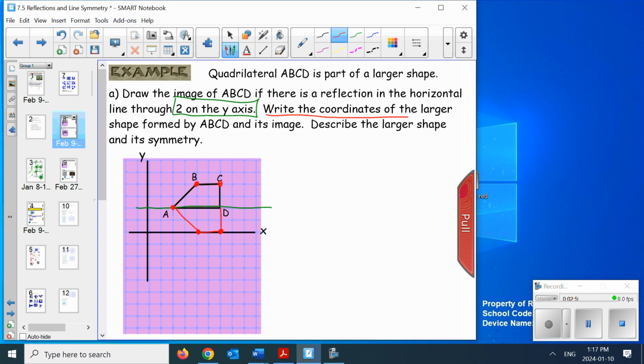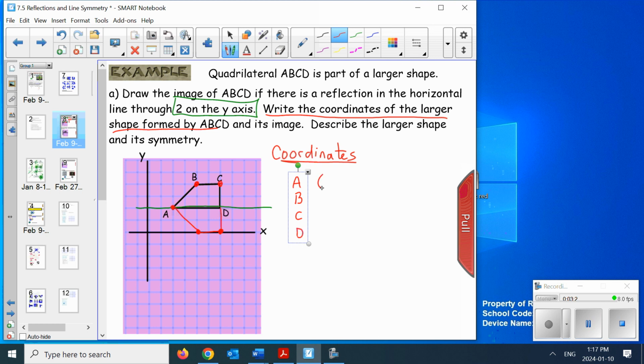I want to write that of a larger shape. So you're going to do this. So let's go through this. So I'm going to go like this: A, B, C, D, and then I'll continue on.